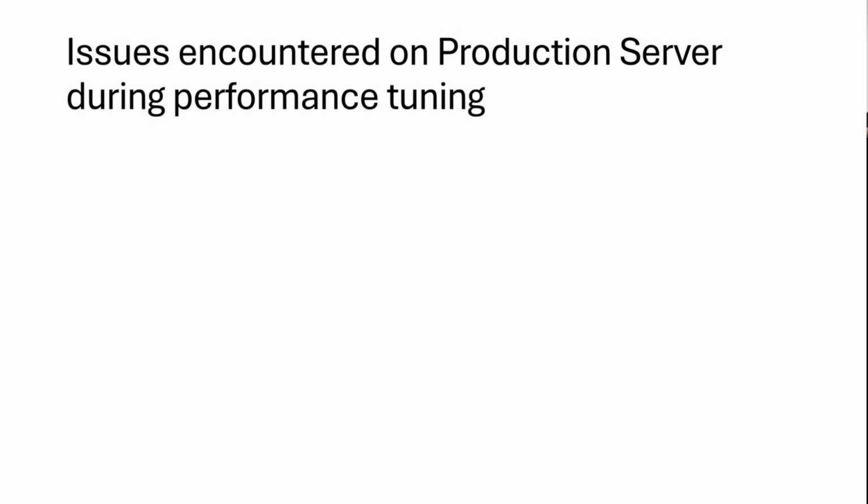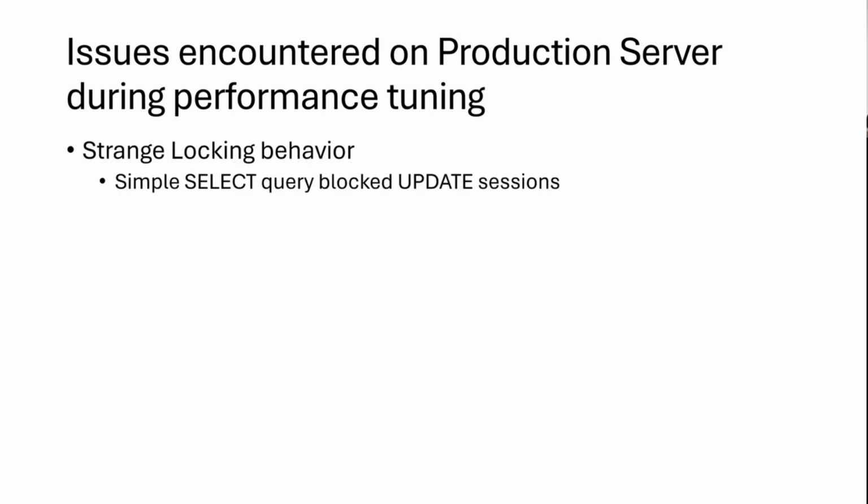We usually deal with typical performance tuning issues such as missing indexes, parameter sniffing, degradation of performance of stored procedures, deadlocks, etc. But this time, it was very strange locking behavior when a simple select query blocked many concurrent update sessions on different key values, as if the query was holding locks for more time than usual. Although we run SQL Server with the default isolation level, which is read committed.